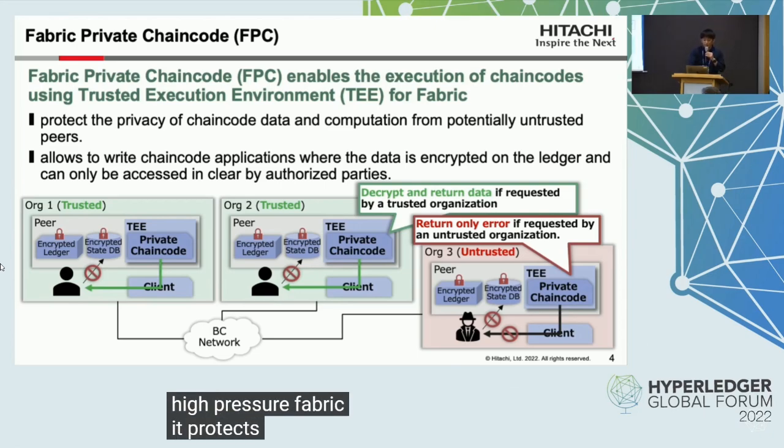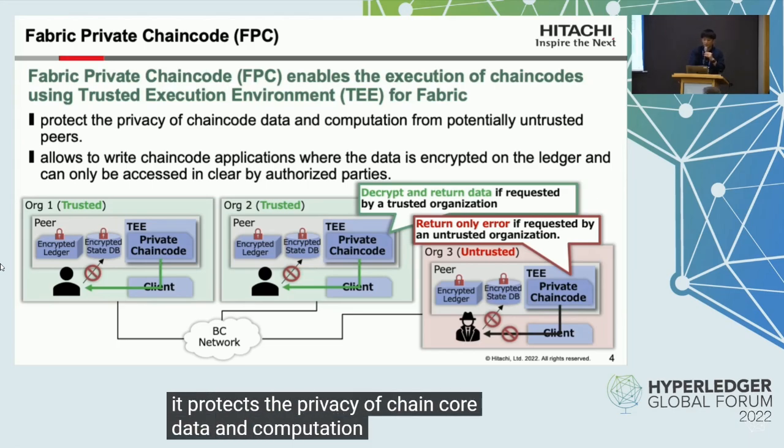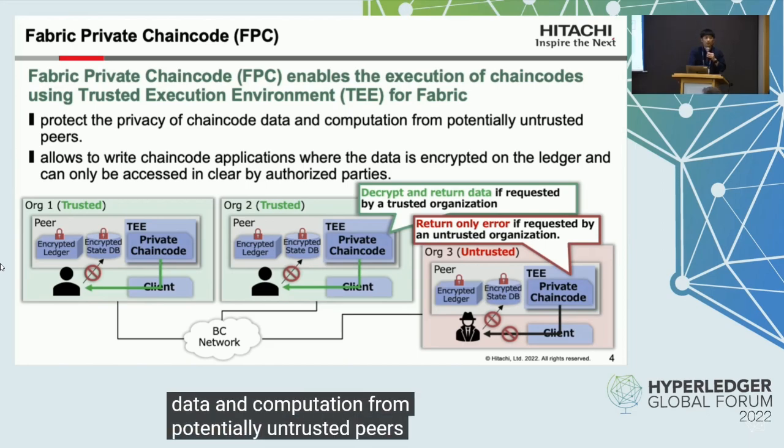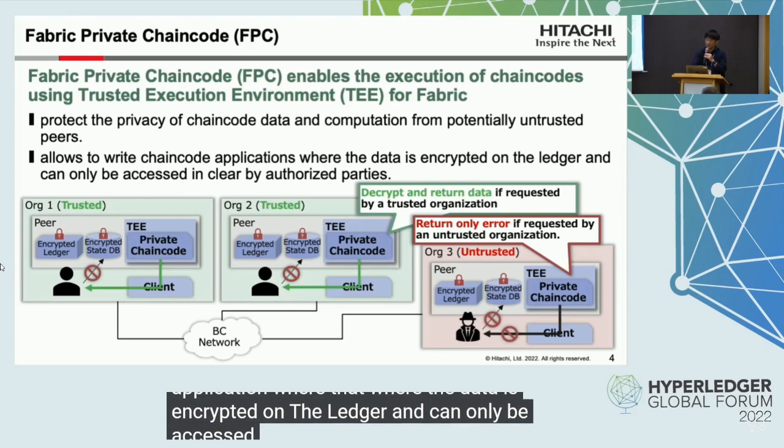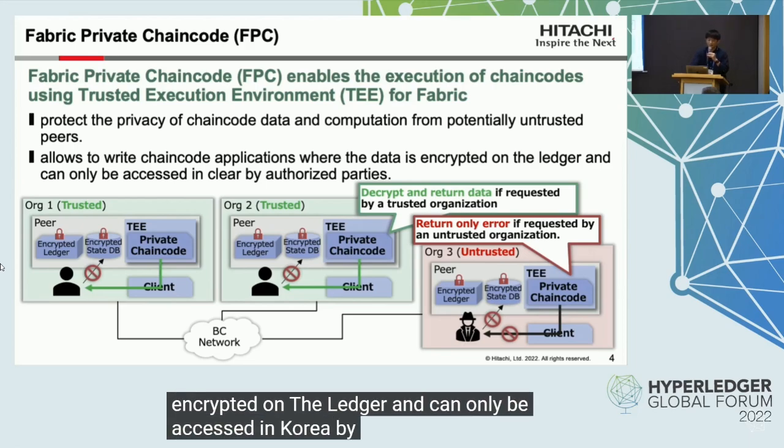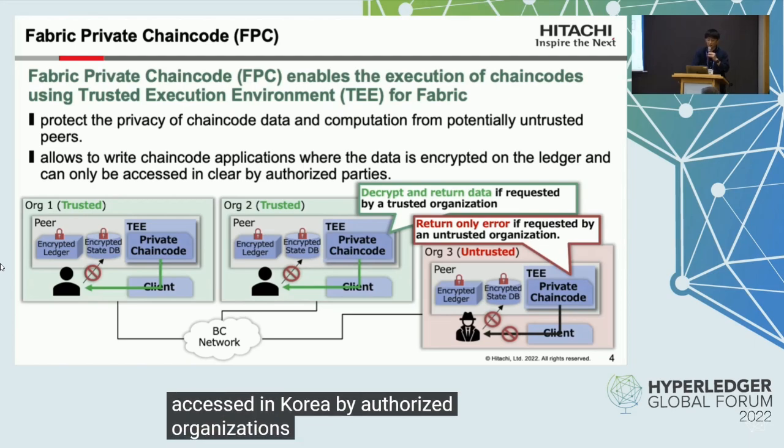It protects the privacy of chain code data and computation from potentially untrusted peers. It allows to write chain code application where the data is encrypted on the ledger and can only be accessed in clear by authorized organizations and/or users.